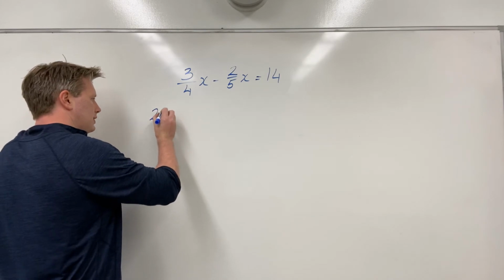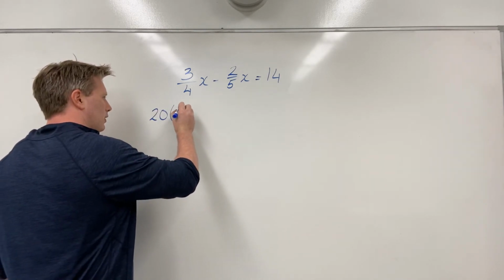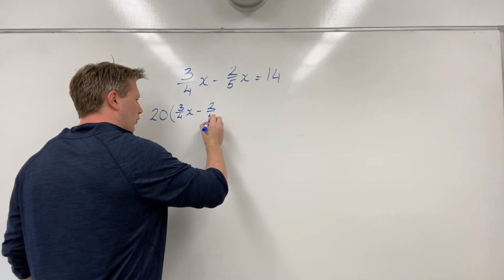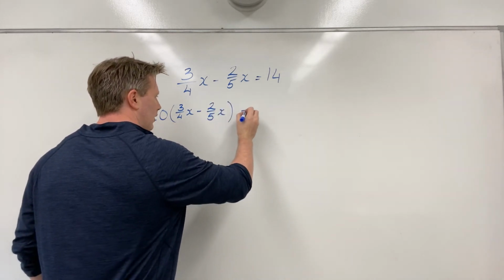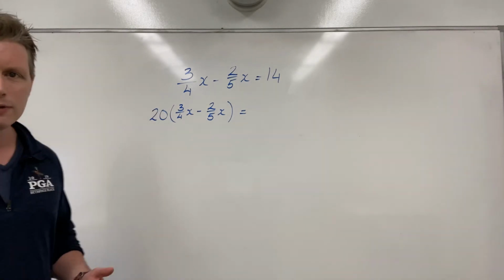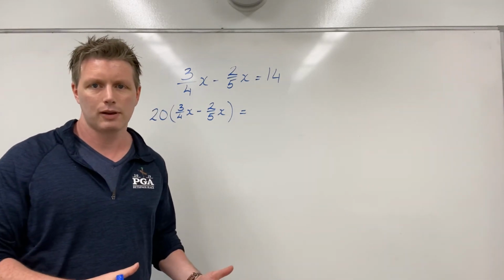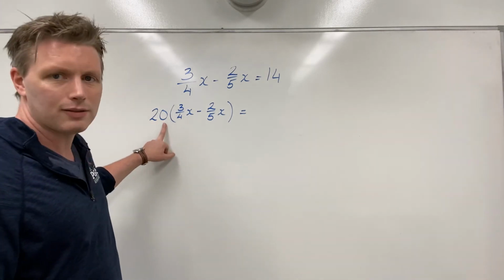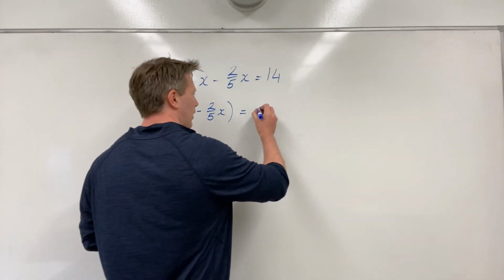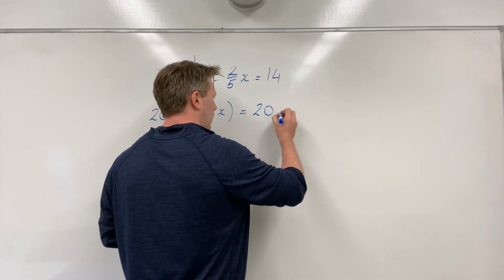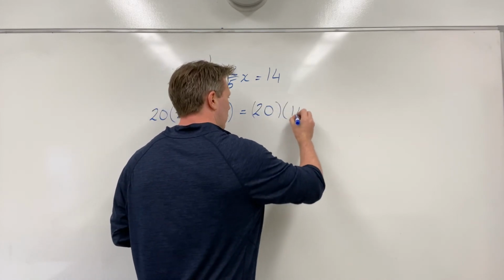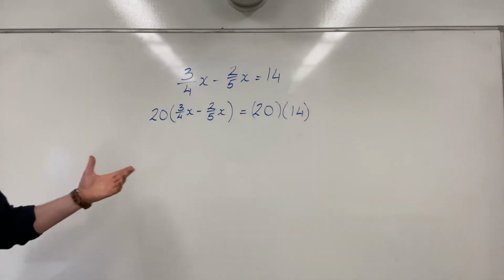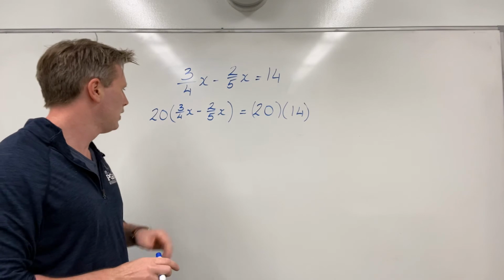So I'm taking 20 times 3 over 4x minus 2 over 5x equals... whatever I do to the left-hand side, I must also do to the right-hand side. Otherwise, I change the equation. That's not allowed. So if I multiply this side by 20, I must also multiply the right-hand side by 20. So I have 20 times 14.